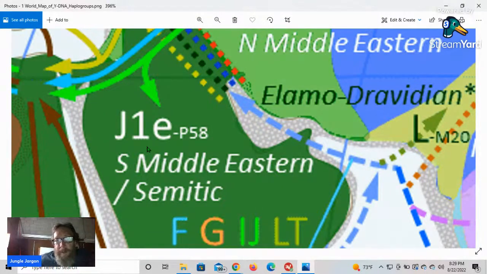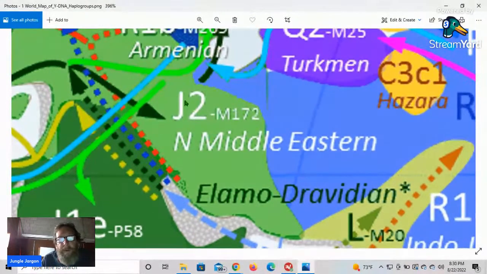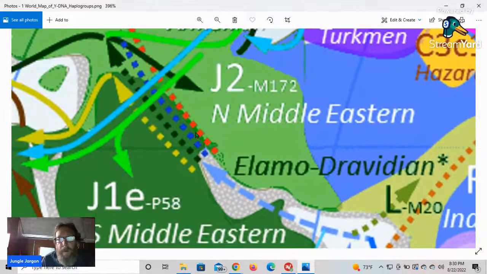The Cohen modal haplogroup is J1, and the Judaic population, probably the descendants of King David himself, are J2M172. That's one single unit. If you could maybe, it's either Judah or King David, probably King David, because there's other lineages of J2. It's not just M172.